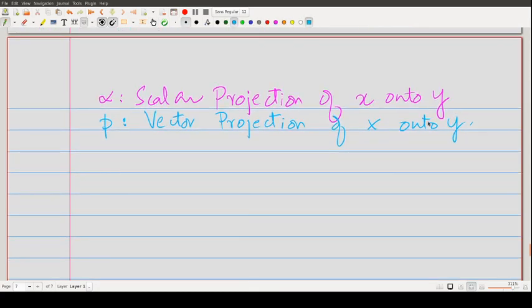And the formulas are alpha equals x^T y upon the magnitude of y, and for P it's x^T y over y^T y times vector y.